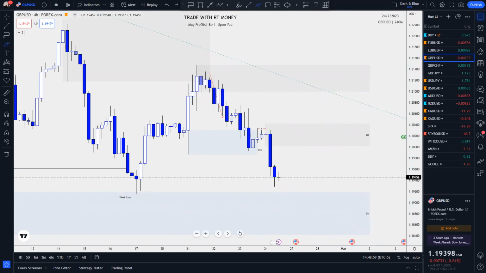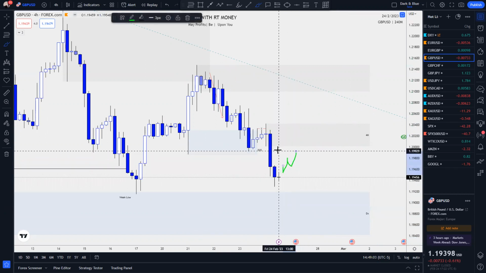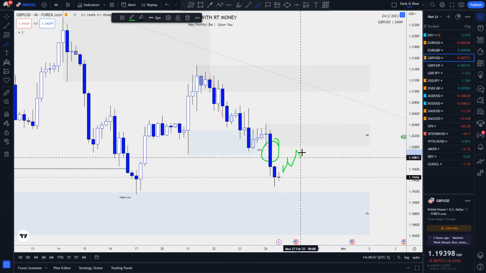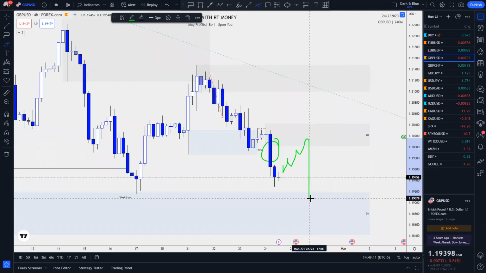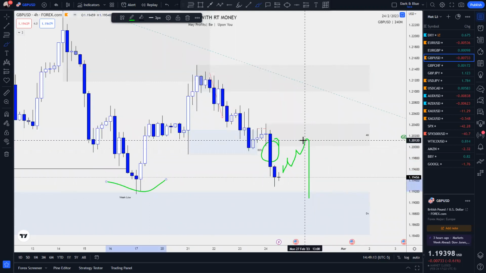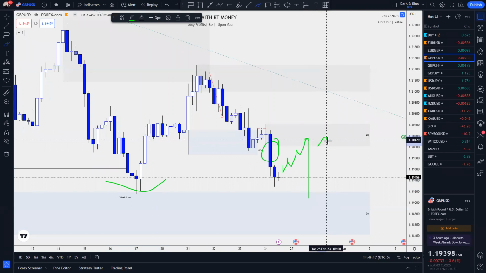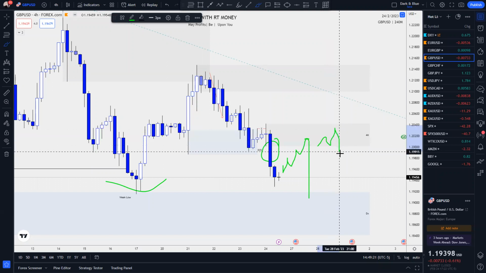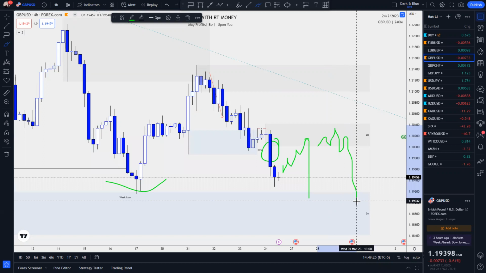However, if it goes up from here, if it flags up, a bearish flag, closes this fair value gap, if it flags up first, then comes down, I'm looking for price to give me that high, low, higher high, lower low, lower high, and then down.